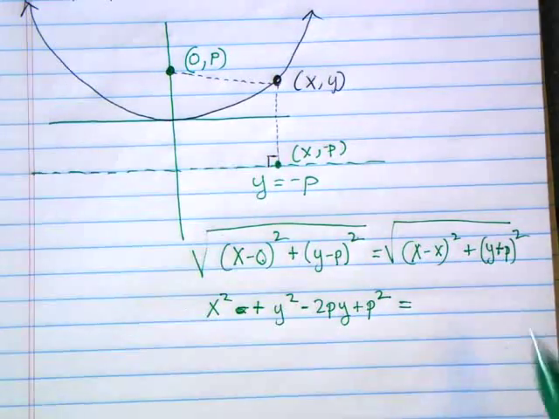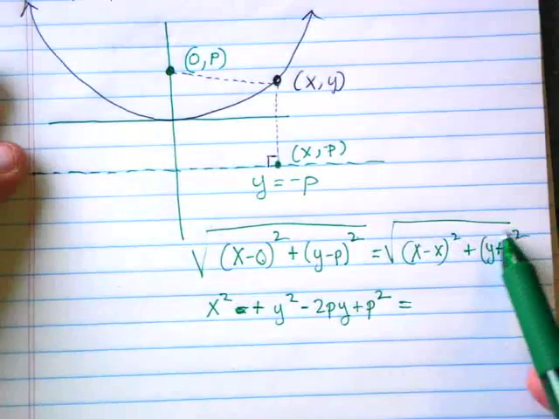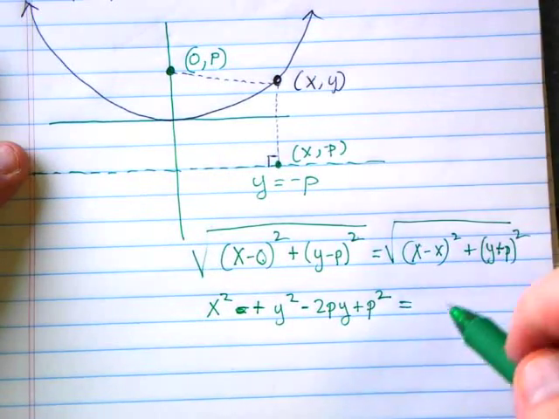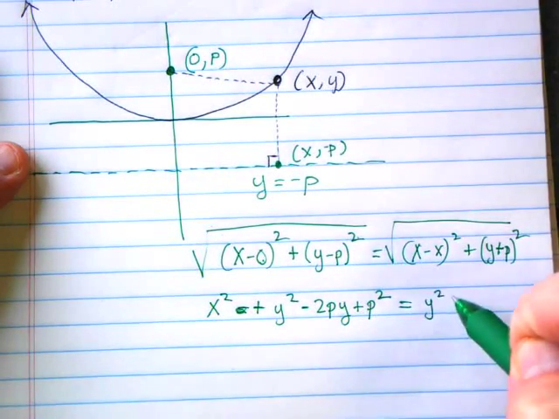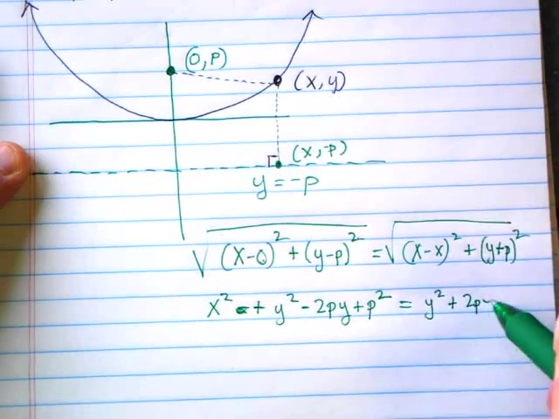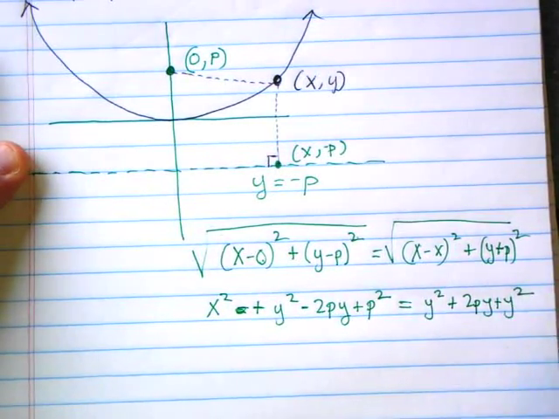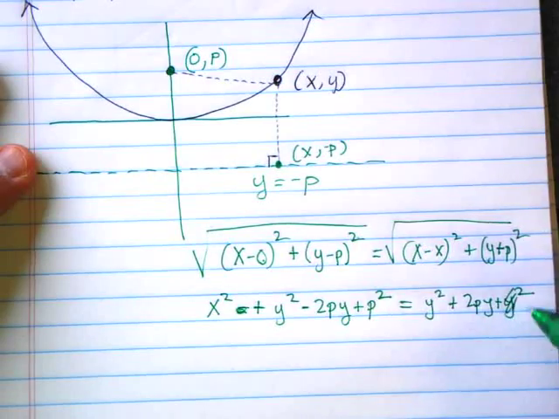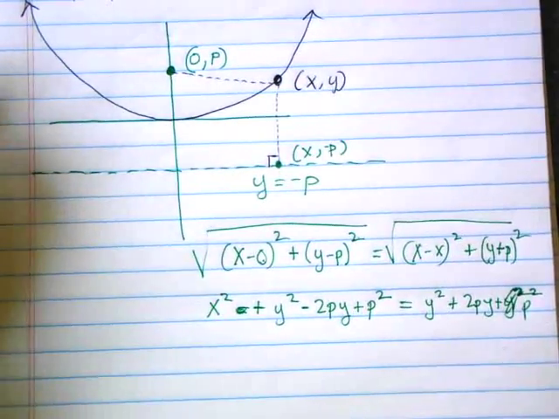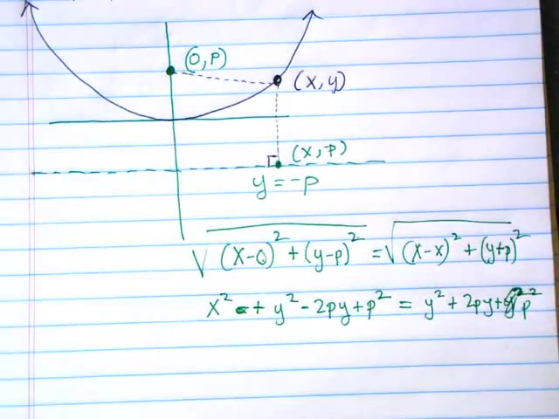Equals. Over here, what's x minus x? 0. 0 squared is 0. And then I'm going to take this and FOIL it out. When I FOIL that out, I get y squared plus 2py plus p squared. And some very nice things happen. What are the very nice things that happen?